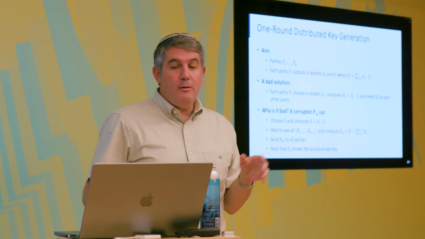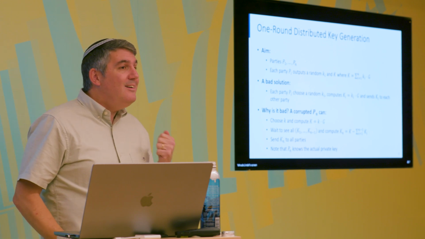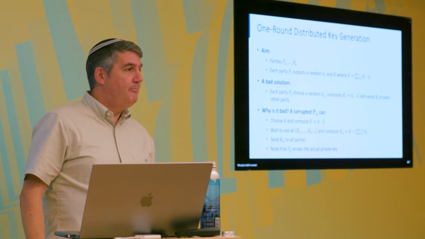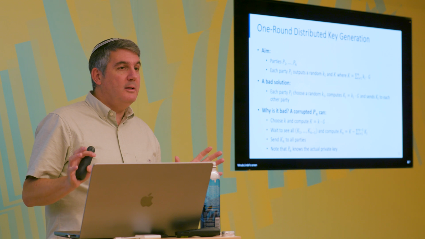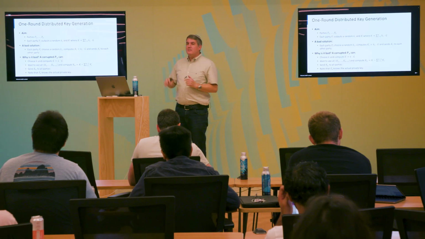And then if you do that, what happens is the result of this protocol will be capital K, where P_n knows the entire private key. Okay? Is that problem clear? So I'm actually able to learn the entire private key if I do this type of key generation.